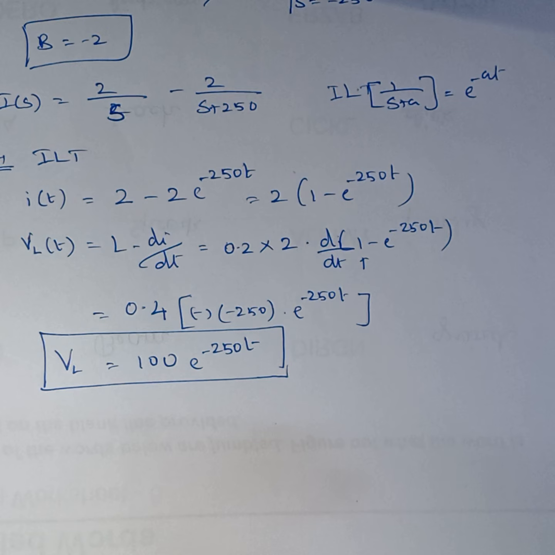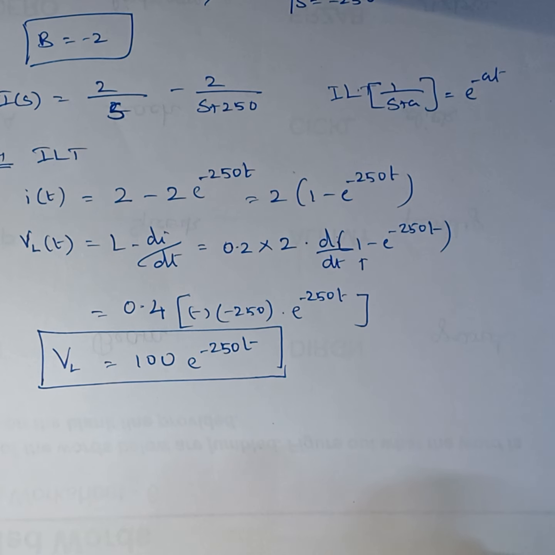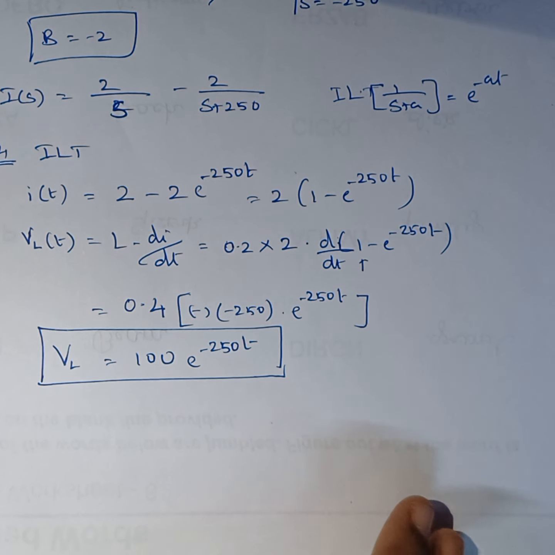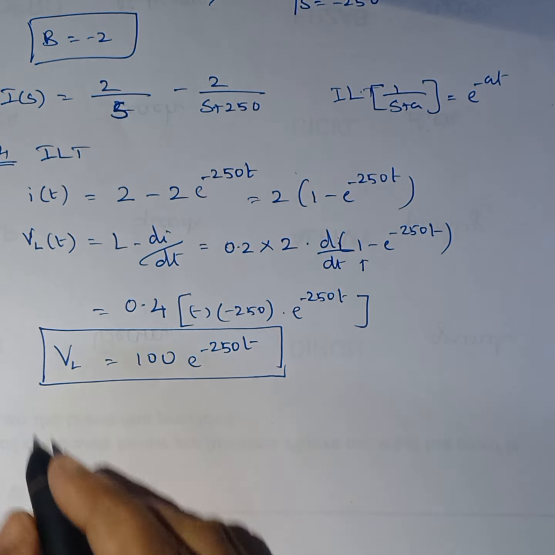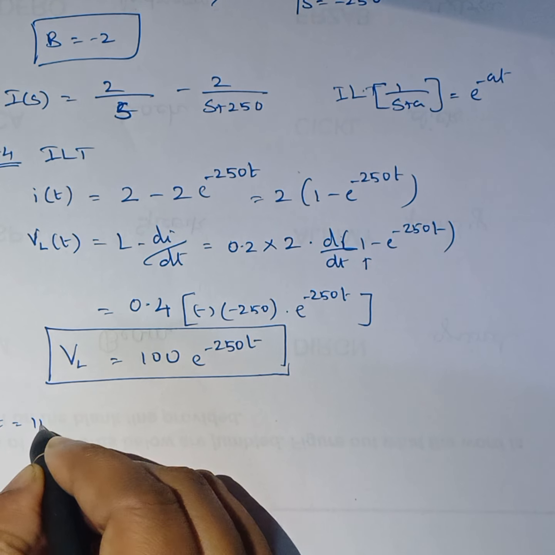Now the transient in the first switch position is over. Now the switch is moved to the second position at 1 millisecond. So the current in the first circuit acts as the initial current for the second circuit. We have to find what the current is at t equal to 1 millisecond.